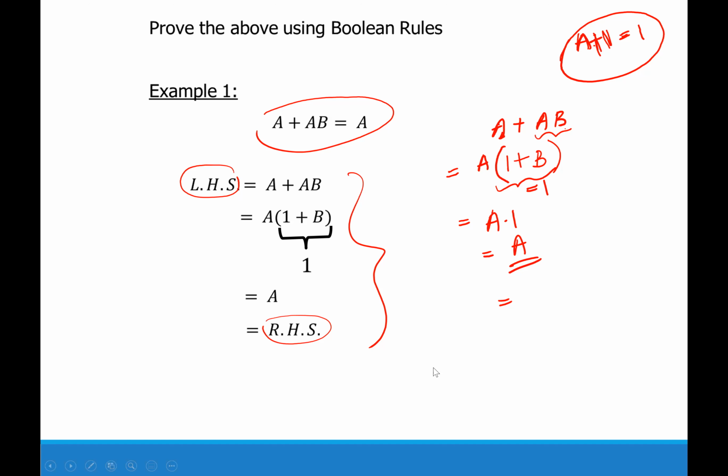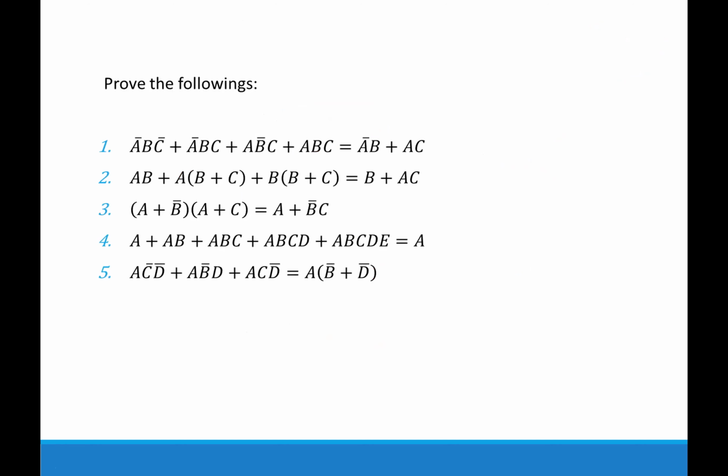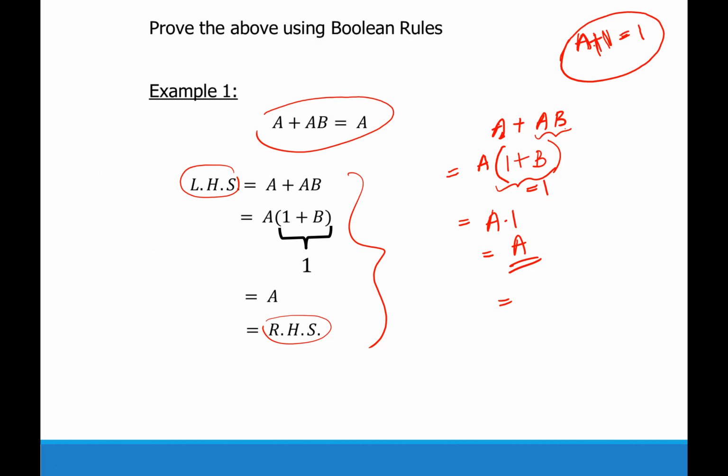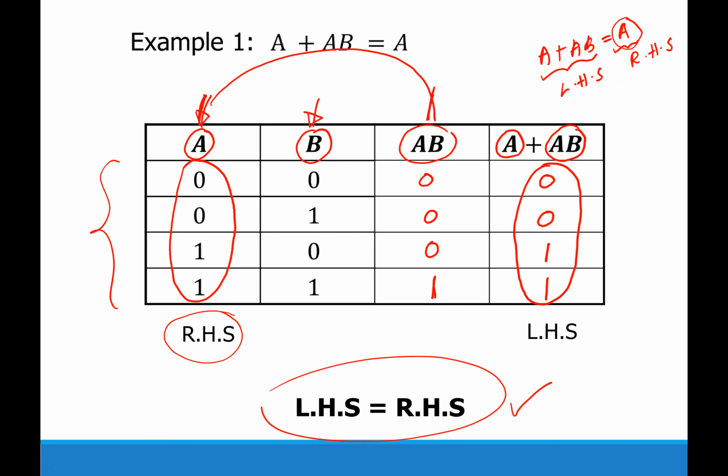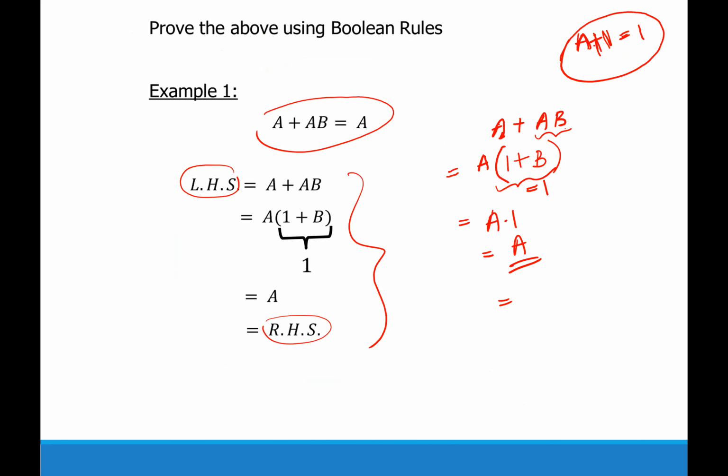To show the validity of any Boolean expression, how many methods do we have? We discussed only 2 methods, right? By using a truth table, we can show the validity of any equation, and also like this, by using the Boolean rules, we can show the validity of any Boolean expression.